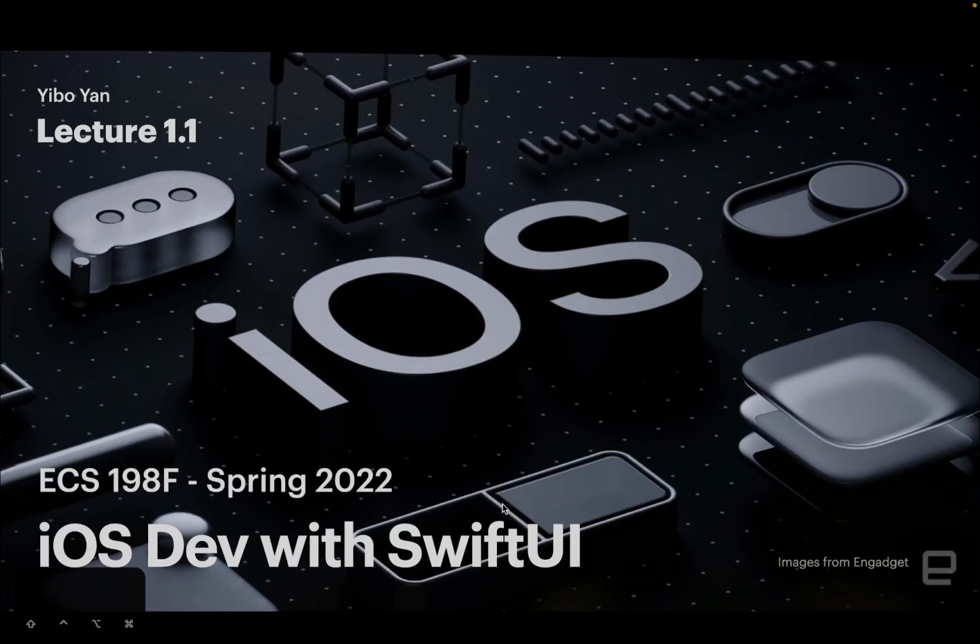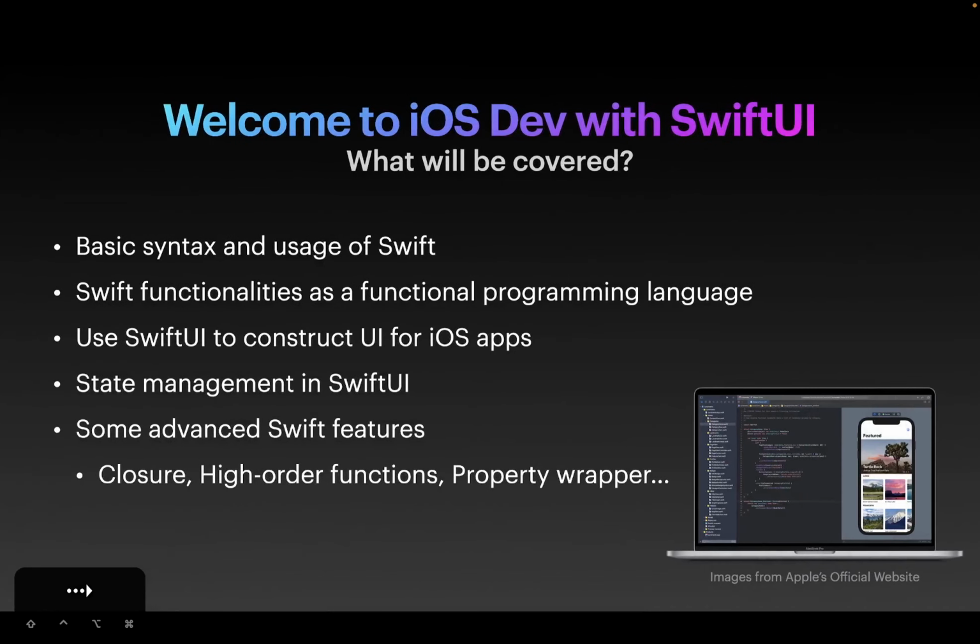This is our session on Swift UI. So let's first talk about what kind of topics we're going to cover in this lecture. First of all is basic syntax and usage of Swift.